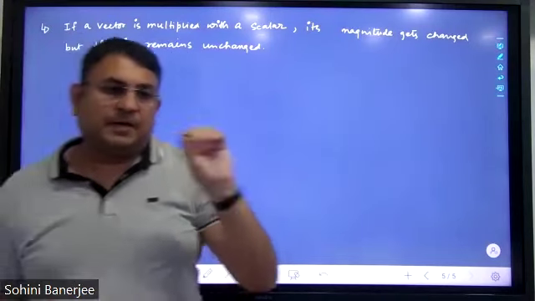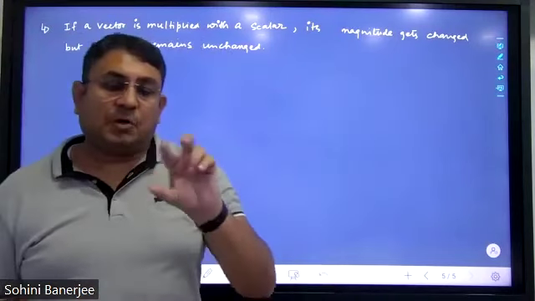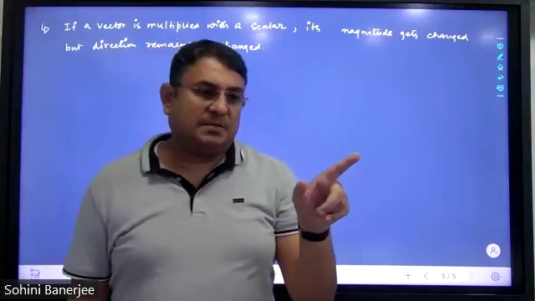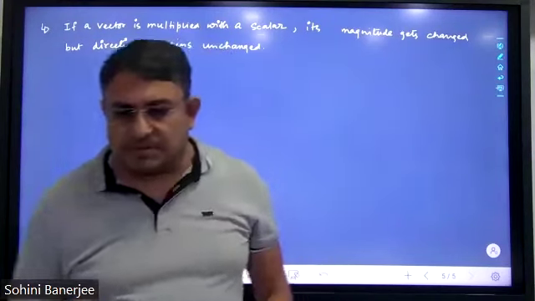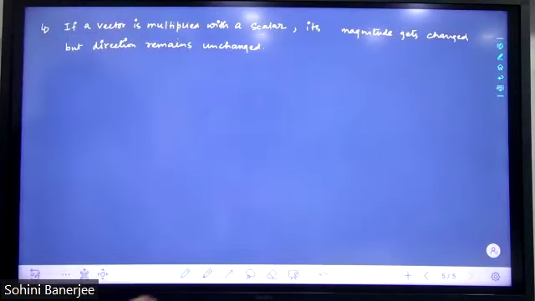If you multiply a vector with any scalar, only the magnitude part gets changed, but the direction remains unchanged.